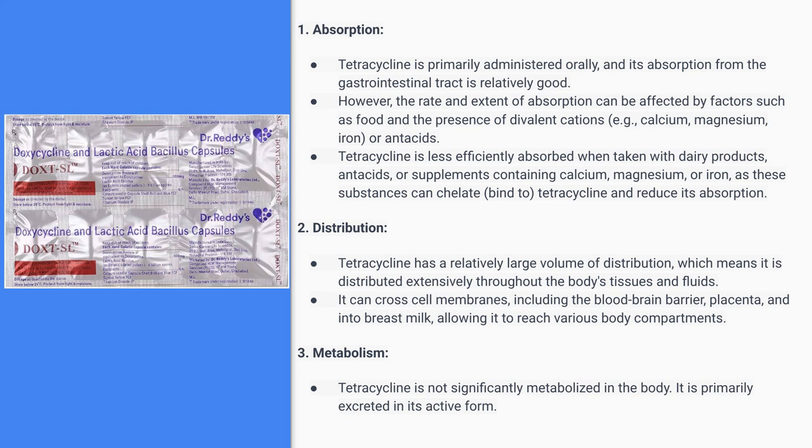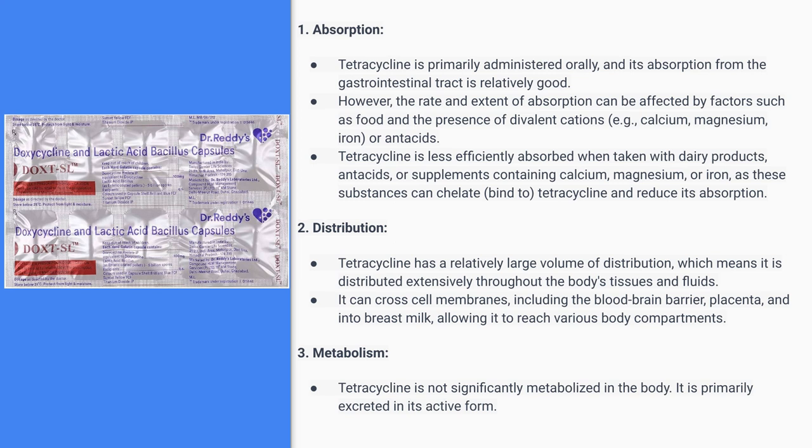So that is the reason, if these are present, they will not allow absorption of doxycycline or tetracycline, because tetracycline will bind with these elements. It acts like a chelating compound, so they will chelate with tetracycline, and if they bind with tetracycline, then tetracycline is no more free.